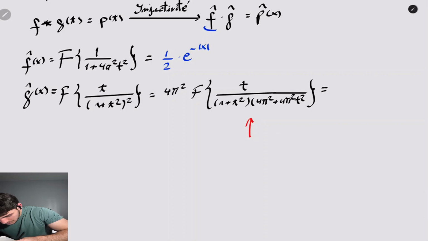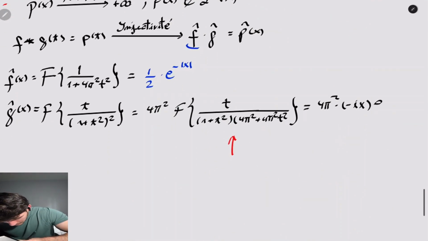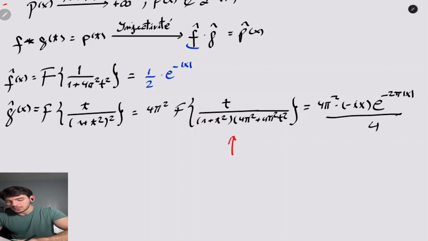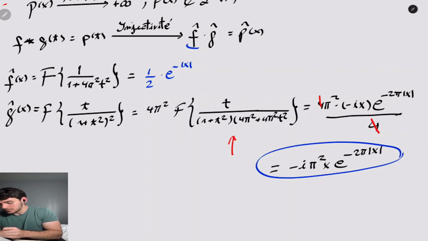That's 4 pi squared times minus ix, I forgot, minus ix, exponential of minus 2 pi modulus of x divided by 4. That's it. All right. So now we're going to cut out this 4 with this 4 here, and we'll reach minus i pi squared x exponential of minus 2 pi modulus of x. So that's the final answer for g, and that's the final answer for f.